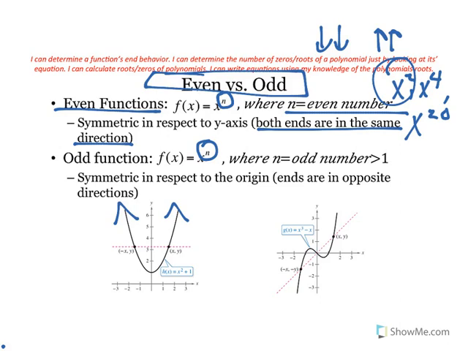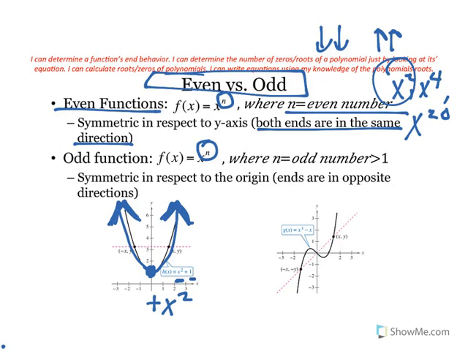This is a picture of a positive even function. You have a positive x squared plus 1. Because that leading term is positive, your graph opens up, making this a minimum, but also telling you that the end behavior, because it's an even positive function, is that the left side goes up and the right side goes up.